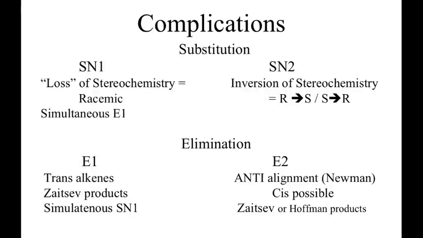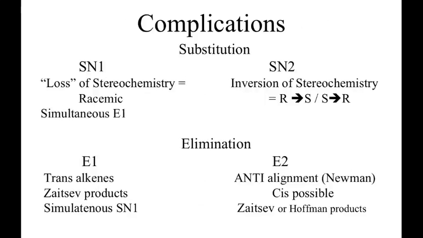To make matters even more complicated with the SN1, if an E1 elimination is a possibility, then you end up with three products. You get the two enantiomeric products from the SN1, and then you get the extra elimination product as well.